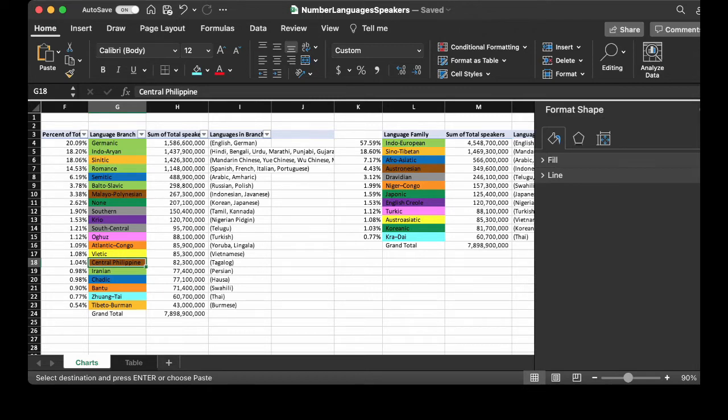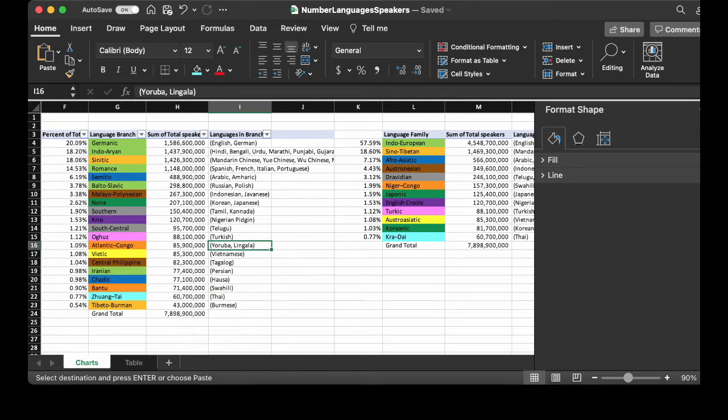And you have the Niger-Congo language family, which the Atlantic Congo and the Bantu language branches belong to. Swahili belongs to the Bantu branch, and then the Yoruba and Lingala languages belong to the Atlantic Congo branch.